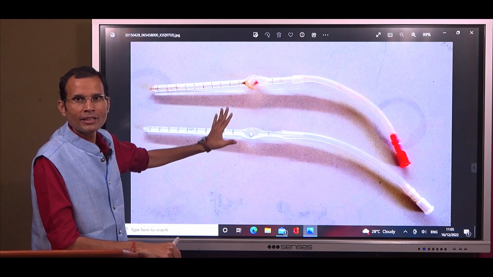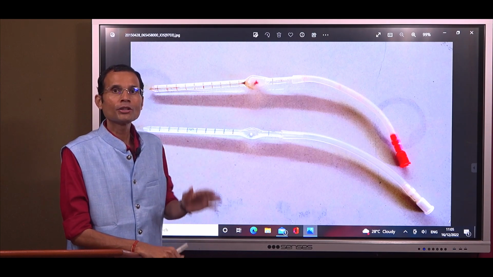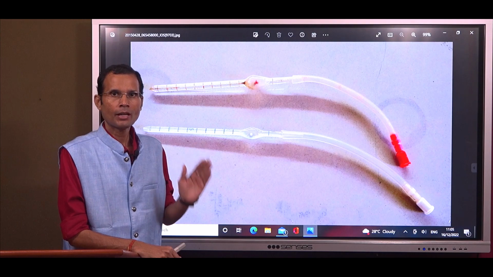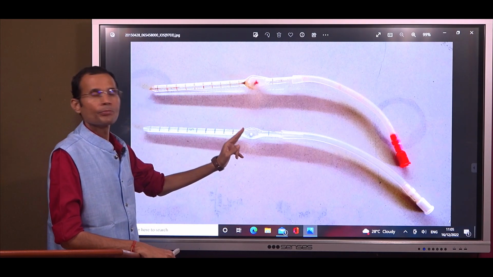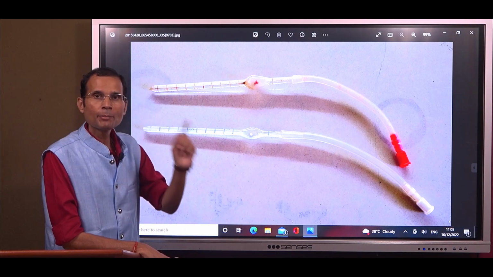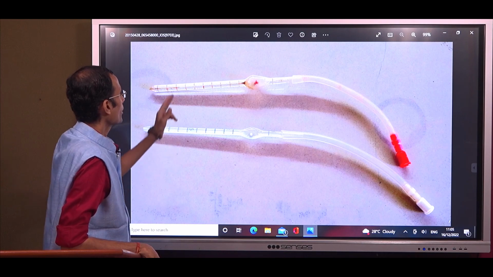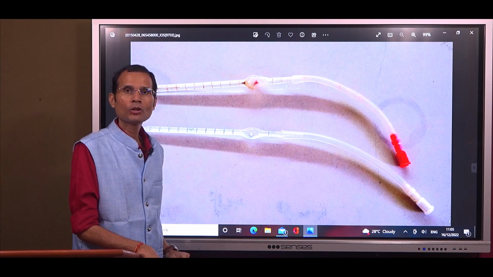Although not visible clearly in this particular picture, markings on the WBC pipette are 0.5, 1 and 11. On the RBC pipette, the markings are 0.5, 1 and 101.